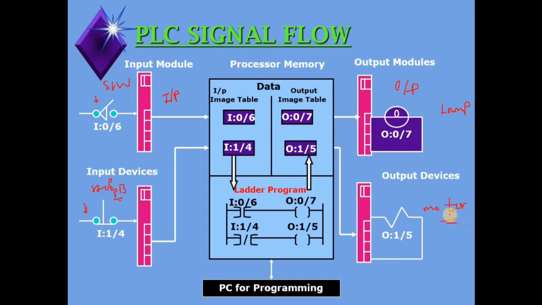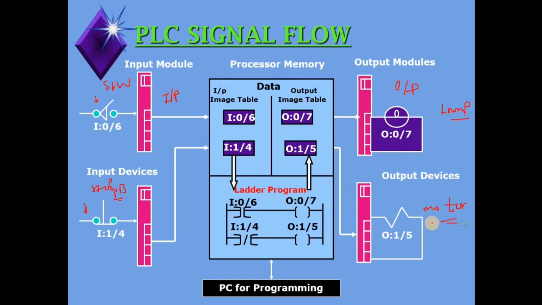So how will it work? When I press the switch, accordingly the input will be sent to the CPU of our PLC. The CPU will process the input, and accordingly at last it will execute it and we will get the output in terms of the lamp, in terms of the motor.